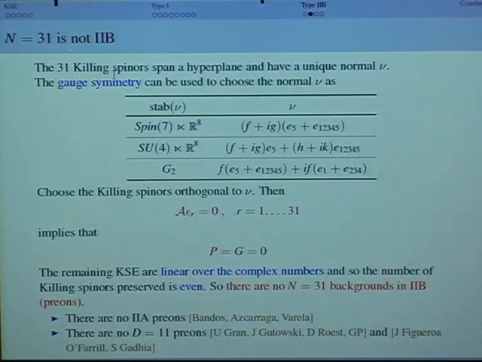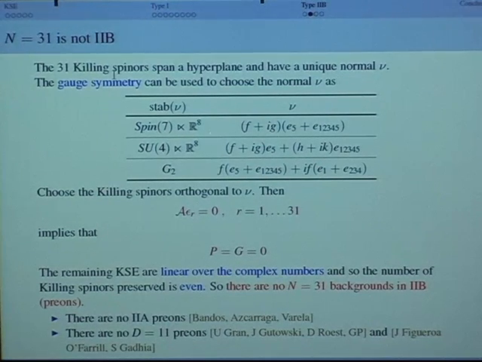Now let's see how one can go about proving that N equals 31 implies N equals 32. If you have 31 Killing spinors, then they span hyperplanes in the space of spinors. So one can use the gauge symmetry to choose the normal. And then after a bit of work, one can see that the representatives of the normal can be given by these expressions here, where f and g are space-time functions, as are h and k.